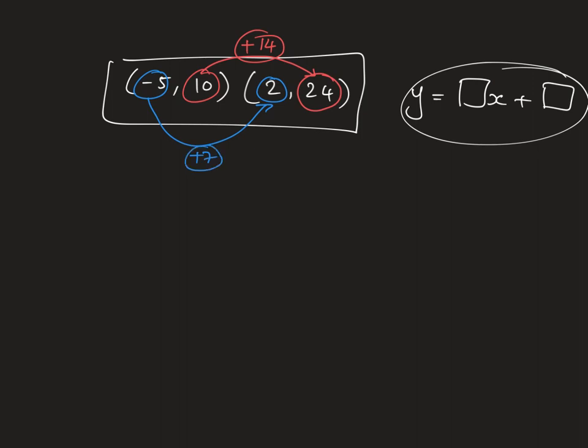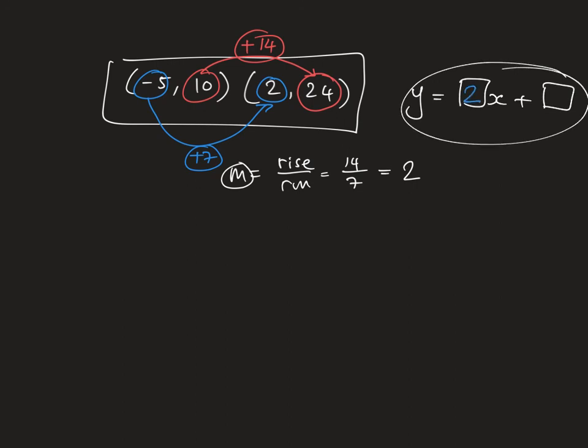You can actually do 2 minus negative 5, which is 2 plus 5. So what's happening here is I've got my rise over my run, which gives me my gradient. We often call that m. My rise over my run will be 14 over 7, and 14 divided by 7 is 2, so we have a gradient of 2.